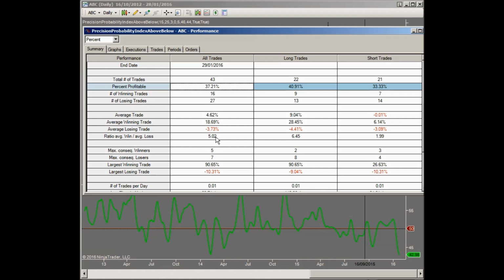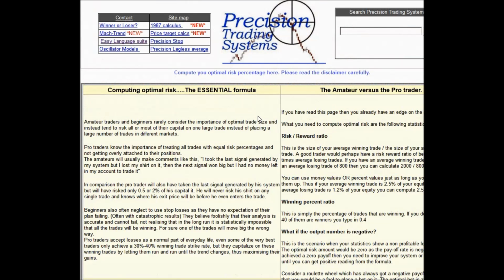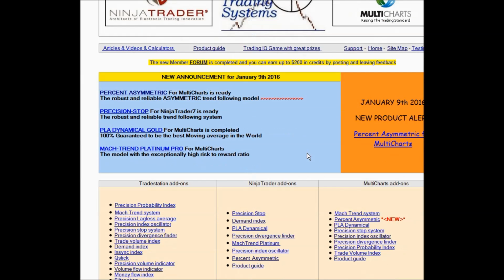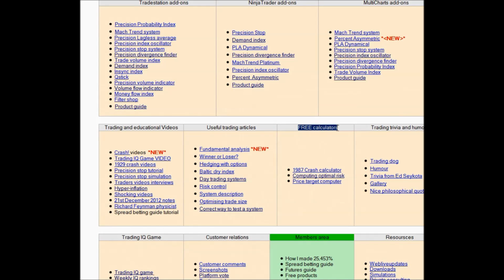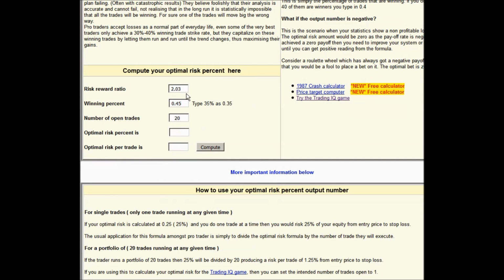Now on my website here, this is the free calculator which you can find via the sitemap. So on the sitemap, and then free calculators compute optimal risk. So the risk reward ratio we had was 5.02 and the winning percent was 37. So you put in 0.37 and compute.